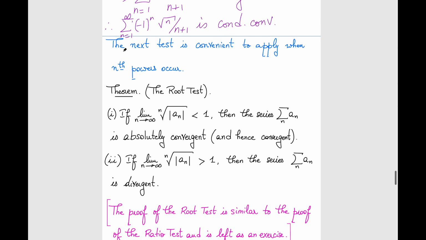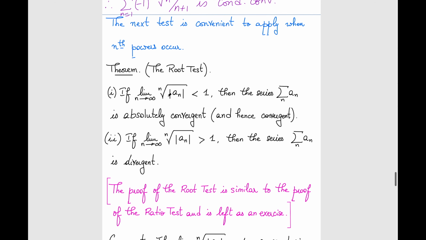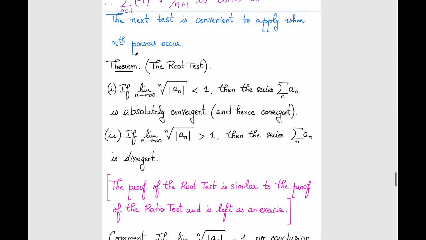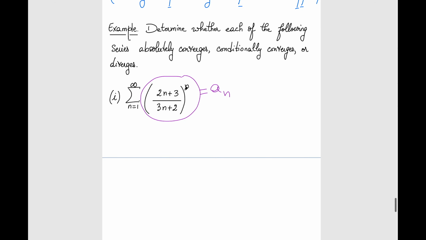The test is convenient to apply when nth powers occur, because you take the nth root of the absolute value of the nth term. So if an has an nth power, which is the case here, then that test is going to get rid of that n, and it's going to give us some useful information. Let's run it.